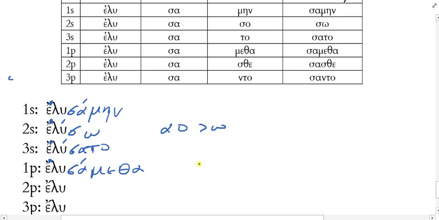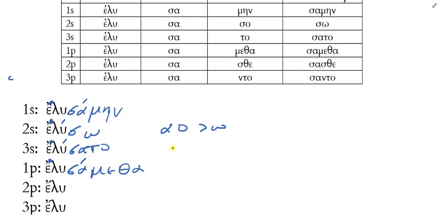So here, even though we're using what are called the middle passive endings, realize that the tense we're using those for, in this case, is just the aorist middle. So we're not learning any true passive meanings here, because we're not doing the aorist passive indicative yet. So all of these forms that are using middle passive are truly aorist middles, and that means the subject is doing the action. So it is still at least active in a sense.